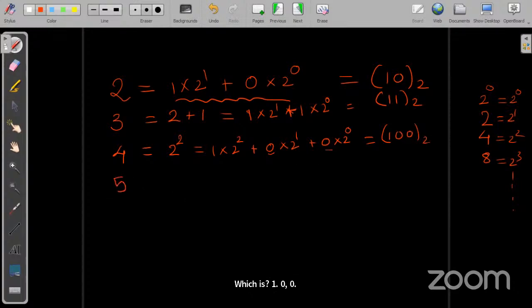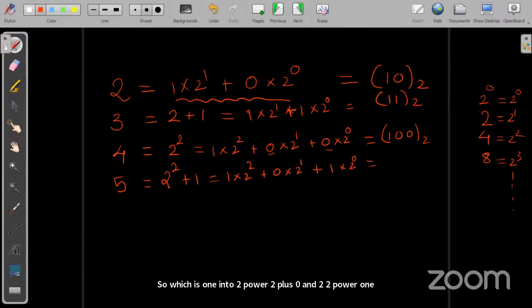Suppose I have 5. So 2 power 2 plus 1, I can write this. Can somebody tell me the binary representation of 5? It is 1 into 2 power 2 plus 0 into 2 power 1 plus 1 into 2 power 0. So 1 0 1 is the binary representation of 5.